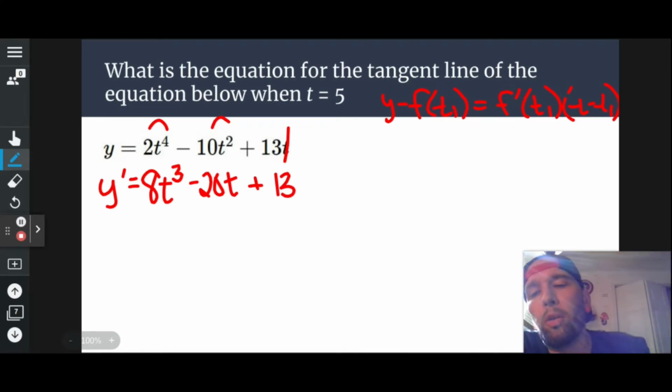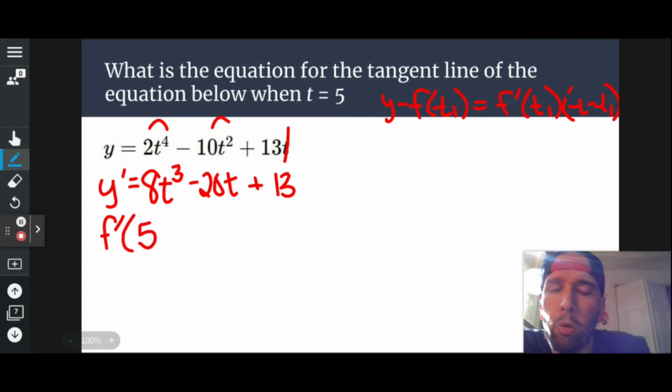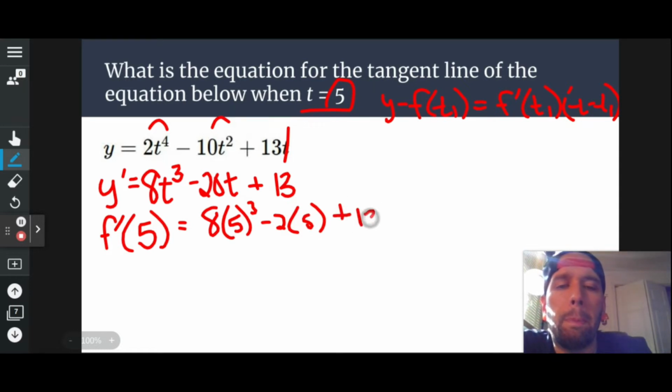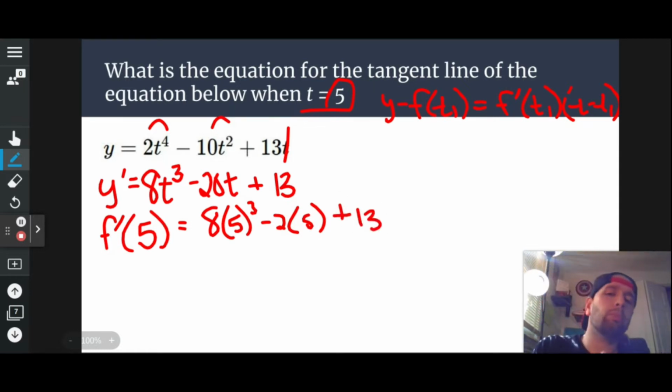Okay, so the derivative, or as I like to call it, f prime of 5, because we're plugging in 5, that's our t sub 1 right there, is going to be 8 times 5 cubed minus 20 times 5 plus 13. 8 times 5 times 5 times 5 minus 2 times 5 plus 13.